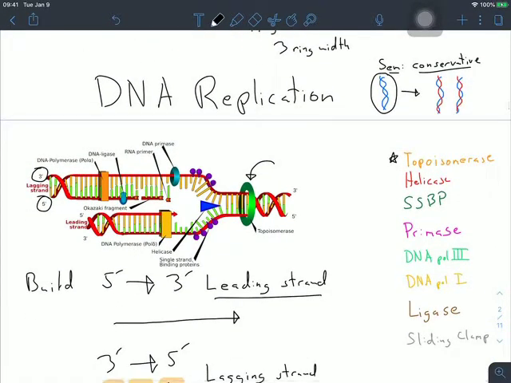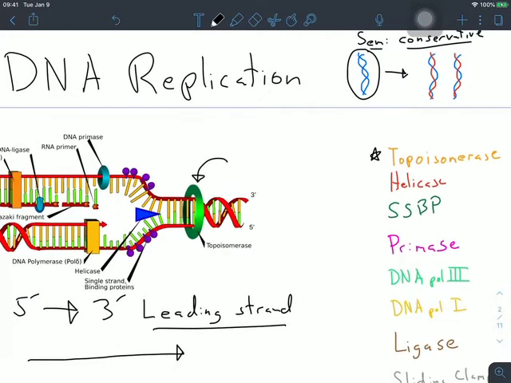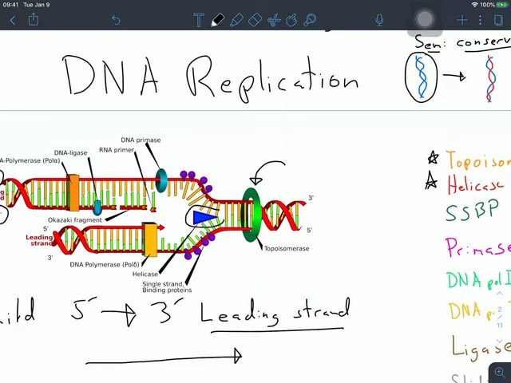Topoisomerase makes sure that your DNA does not get tied up in a knot before the unzipping happens. The molecule that does the unzipping is helicase. Helicase breaks down the helix, therefore we call it helicase. You'll notice its presence at the point where the DNA strand is being unzipped.